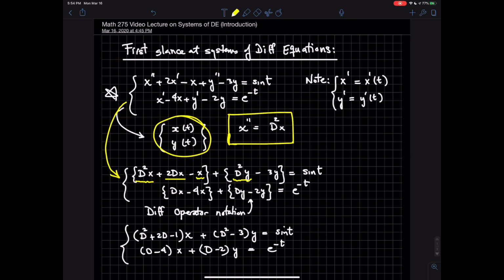Minus 3y is just minus 3y. Since there's no derivative there, there'll be no D here, equals sine of t, and you convert the second line as such. Then we call this differential operator notation, and then we could simply factor out the x and the y from the curly brackets, and then we could see how our system of equations will come about. And then we'll go ahead and solve these using the elimination method and the substitution method.